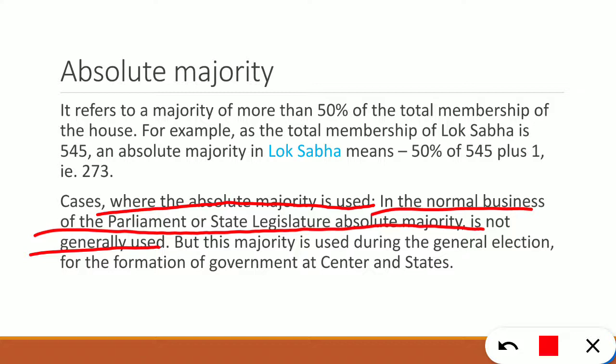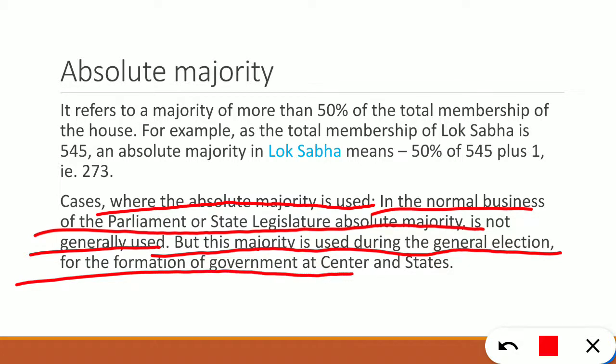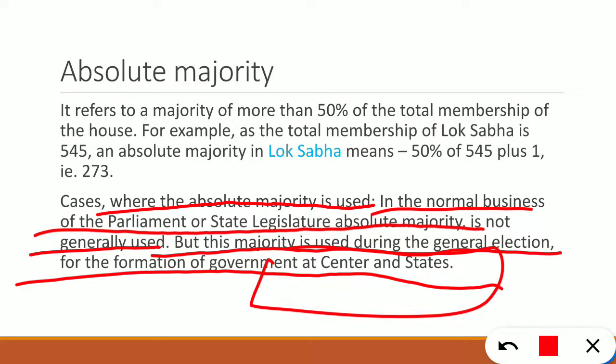Simple majority is a very common kind of majority, while absolute majority is used in certain cases, like during the general election for the formation of government at the center and state. When we vote in elections for Parliament or for the state legislature, this absolute majority is used.